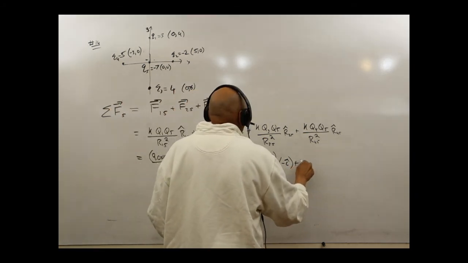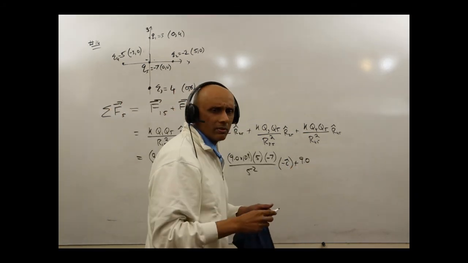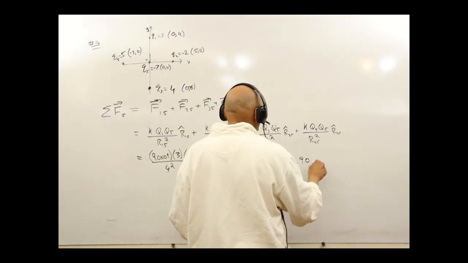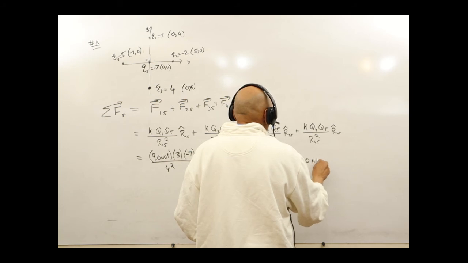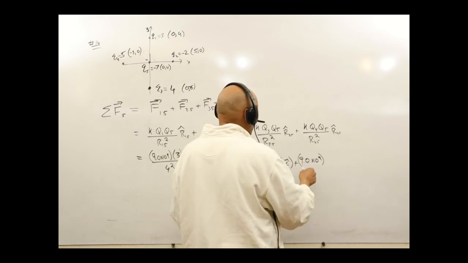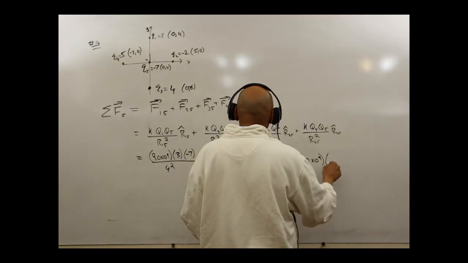I can repeat again, 9.0 times 10 to the 9, which is really 8.99, but to 2 significant digits it's this constant.